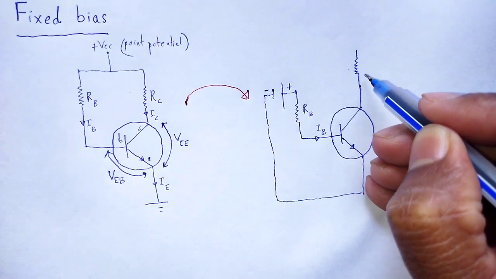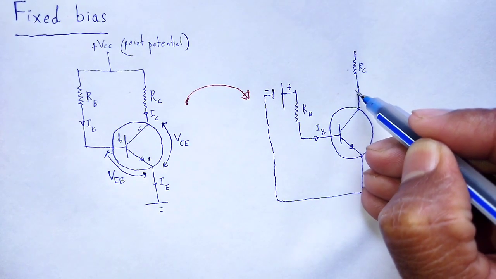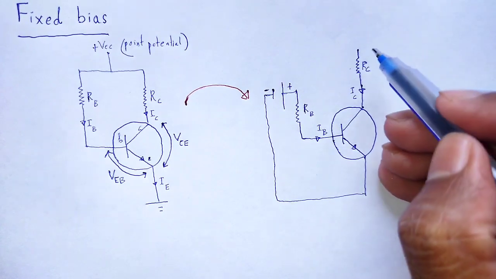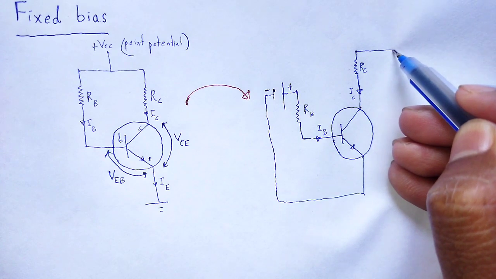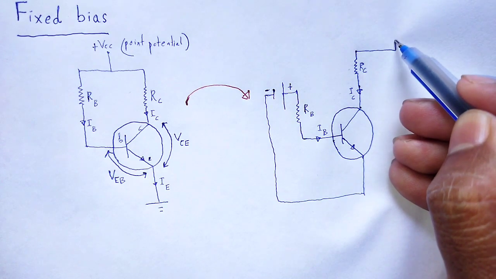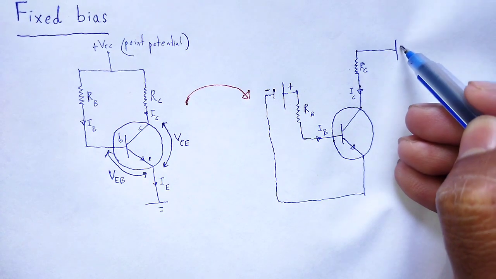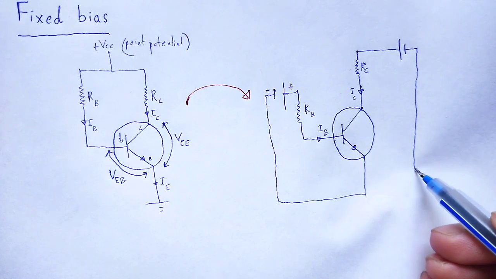Here is the resistor having the resistance RC and the collector current IC. This end is connected to the positive end, that end is connected to the negative end.